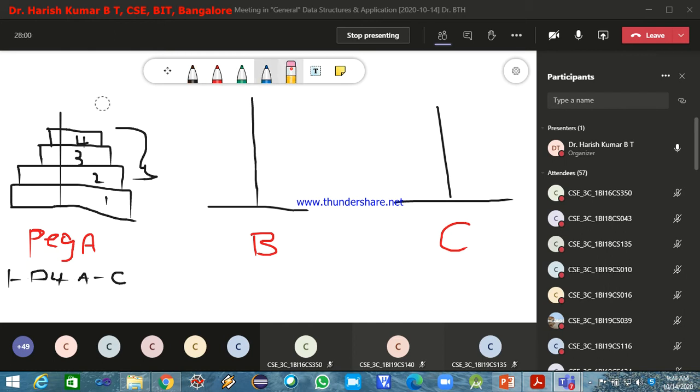Okay, I'll erase from here and write here. What is the next move?